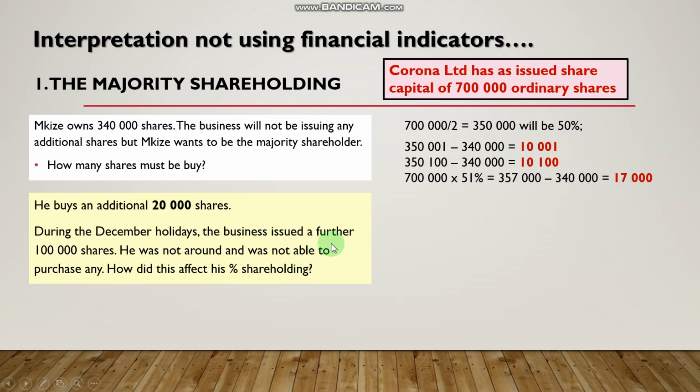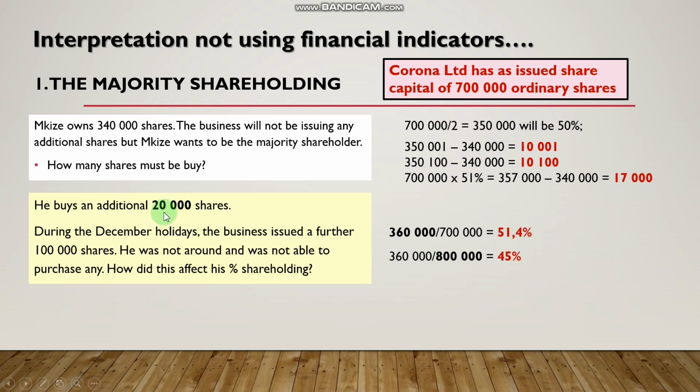So in this scenario, you need to look at what happened to the shares. You'll see that 700,000 is now gone up to 800,000. With that 20,000 extra that he bought, he had 340, he bought 20, he's got 360,000. He was 51.4%, he was smiling, he was the majority shareholder.